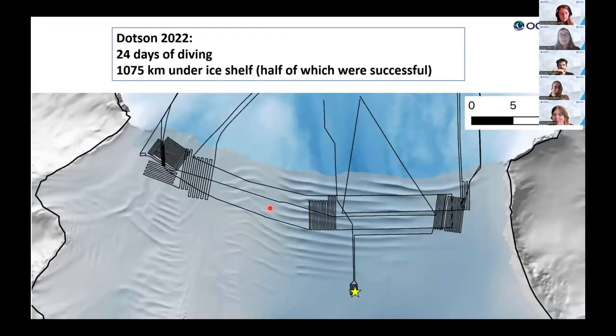And since you get high resolution, you have only got 400 data points or so. So if you want high resolution, you don't cover a lot of area. So in that case, you have to go in lawnmower patterns like this in order to get maps of the ice. So this is what we did in 22.